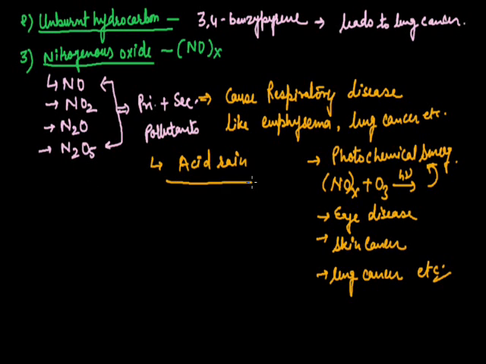In the case of acid rain, not only nitrogen oxide, but sulfur oxide is also responsible for it.